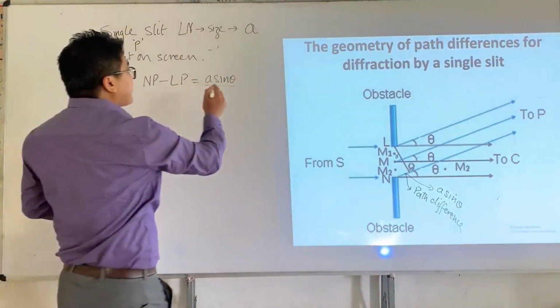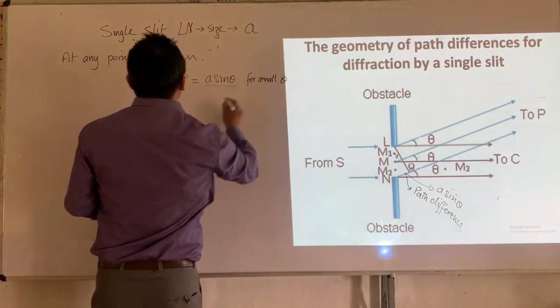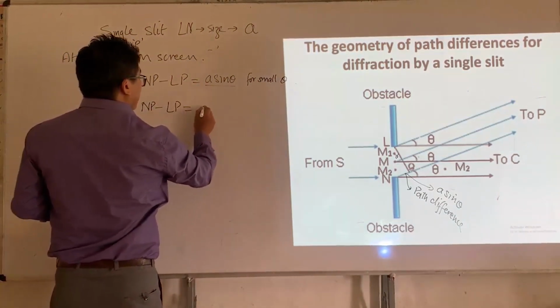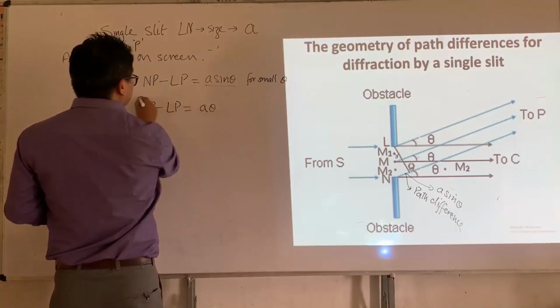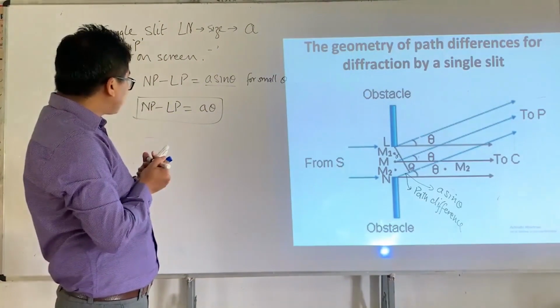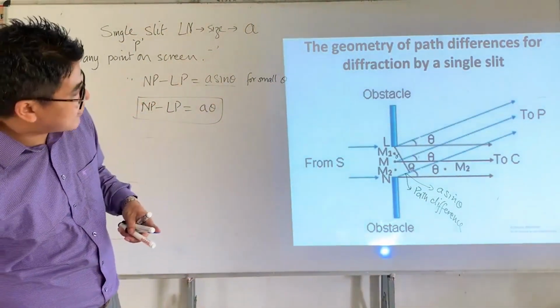For small theta, NP minus LP is going to be A theta. This is the path difference at any point, where A is the size of the slit.